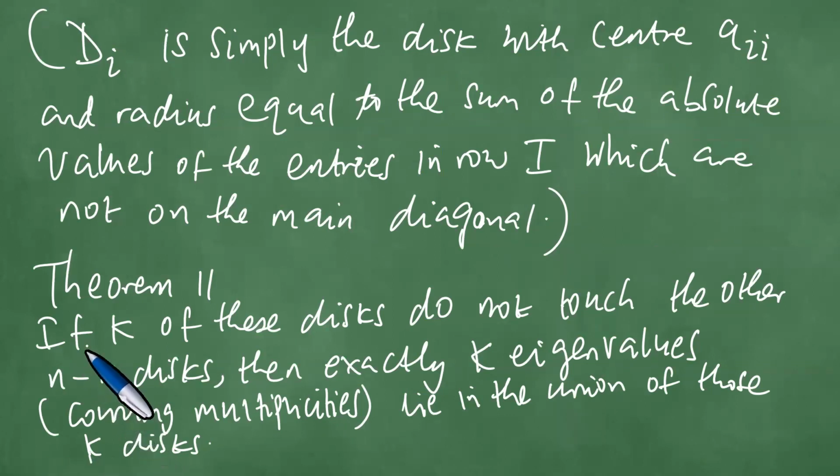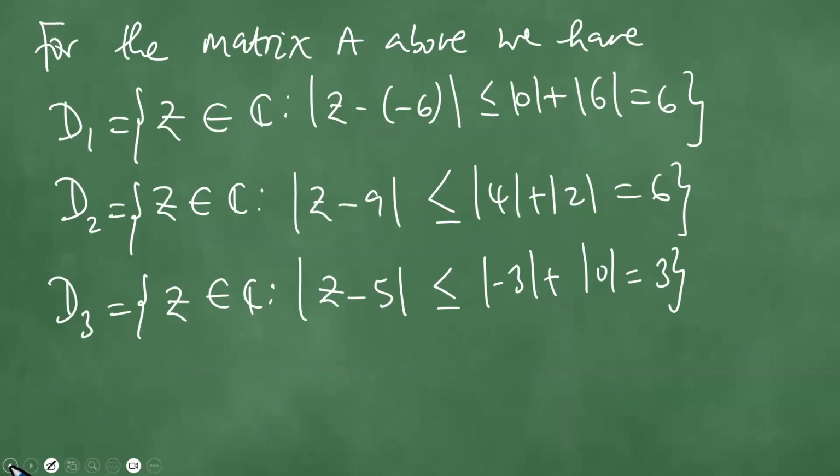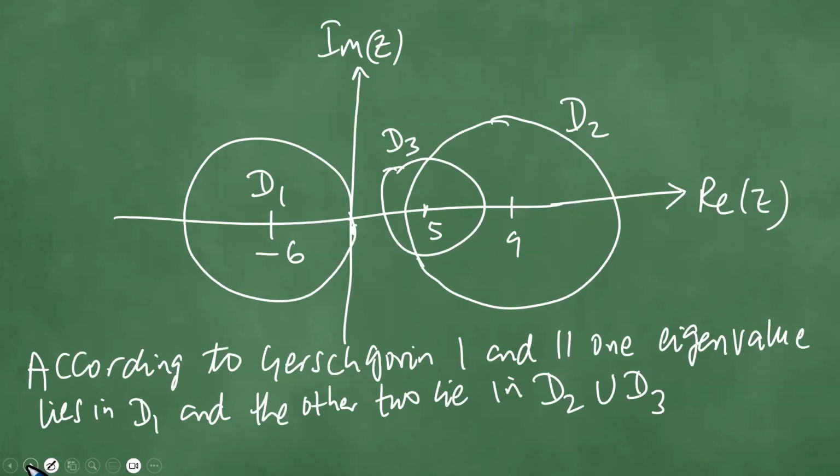This is very important, because it might happen that k of these disks do not touch the other n minus k, since not all the disks touch. So at this point, you can see that two of the disks touch, but the others don't.